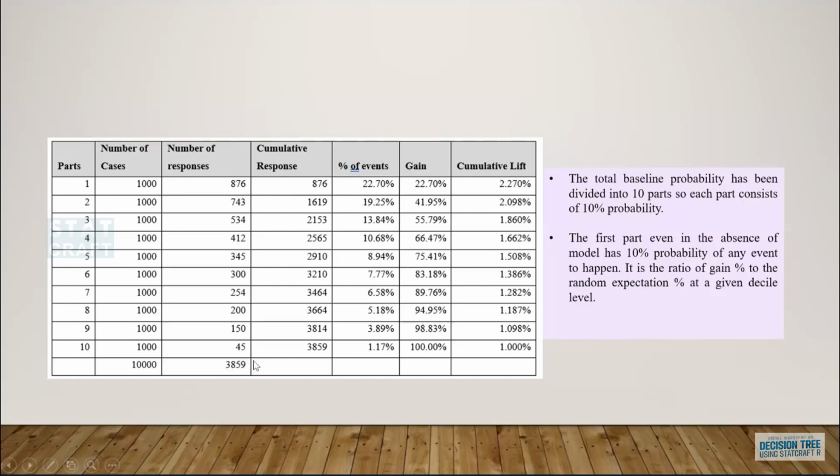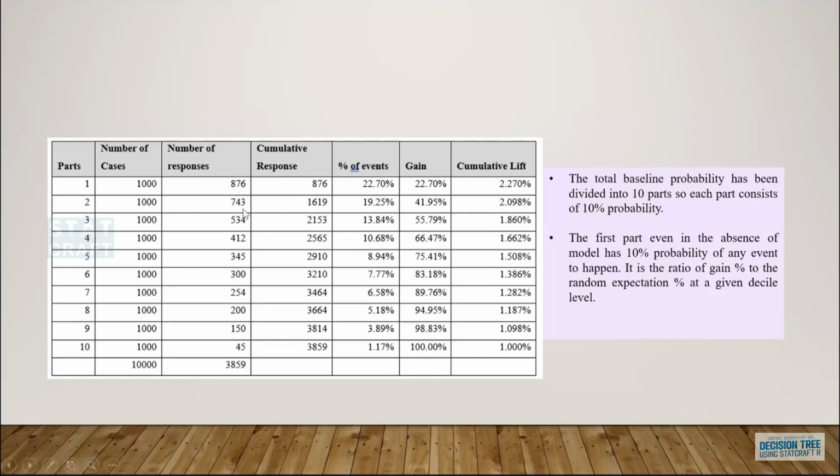So 876 divided by 3859, 22.70% of events occurred in the first part. What was the normal probability for the first part? 10%. 22.7% divided by 10, so the lift is 2.27. It means our model has 2.27 times the power of just guesswork.